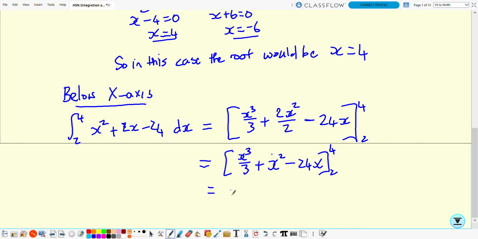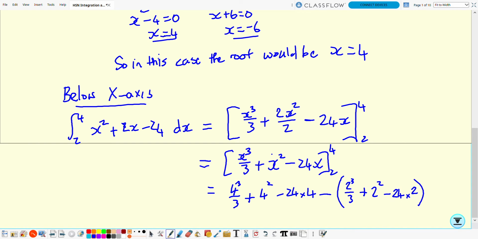So you would have 4 cubed over 3 plus 4 squared minus 24 times 4, and then you're subtracting, and remember you're subtracting all of this, 2 cubed over 3 plus 2 squared, then minus 24 times 2.